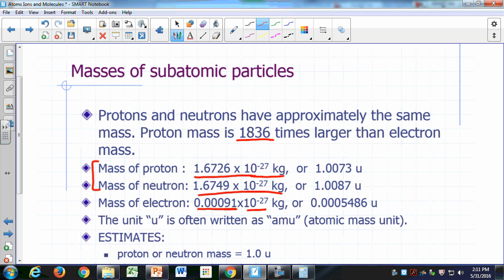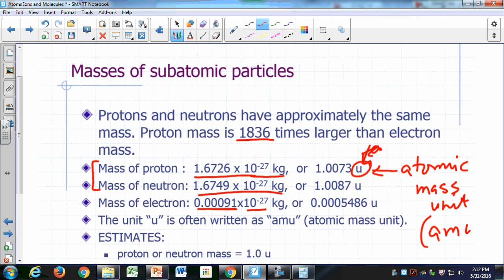Now, these masses are kind of hard to remember, so we've invented a unit called the atomic mass unit. So this U right here stands for atomic mass unit. Oftentimes it's abbreviated as AMU, but U is the correct abbreviation for it.